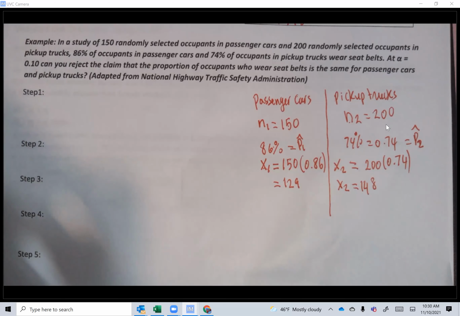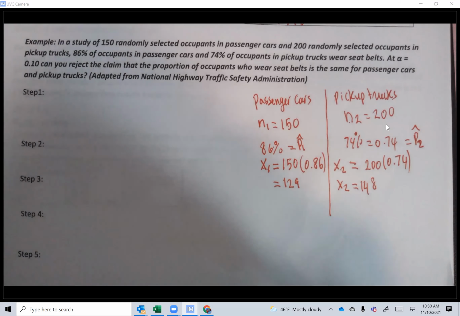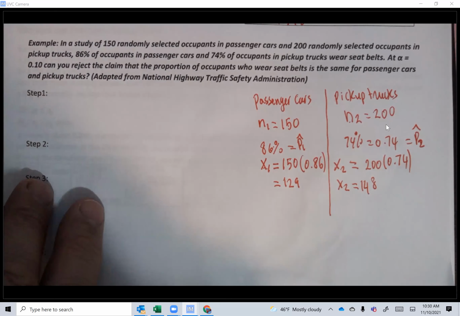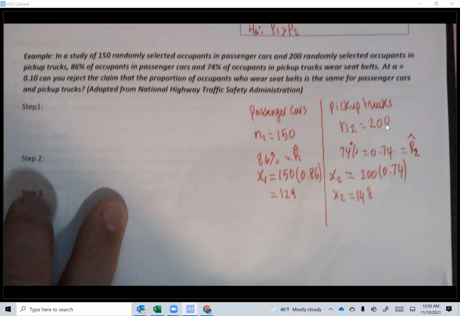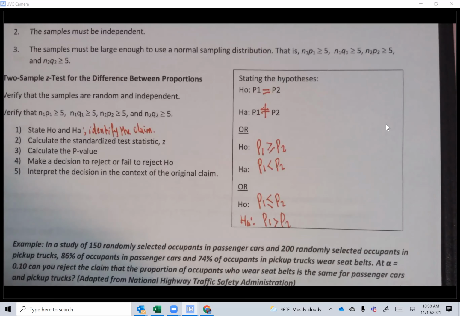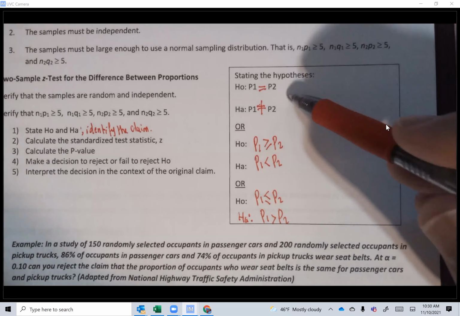At alpha equal 10%, can you reject the claim that the proportion of occupants who wear seat belts is the same for passenger cars and pickup trucks? Okay, guys, can you tell me which one we're going to use for H0 and HA? First, second, or third?